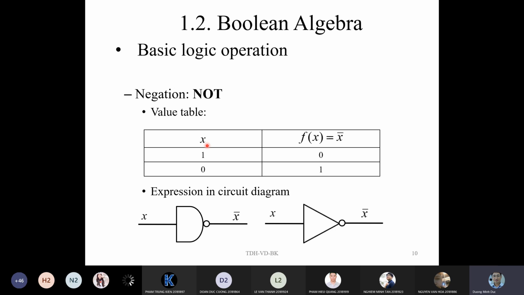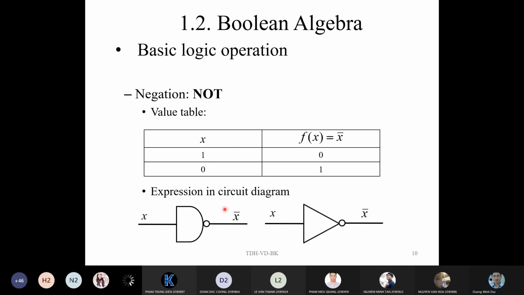The negation of x is x bar, defined as follows: if x equals 1, then negation of x is 0, and if x equals 0, then negation of x equals 1. So this is the definition of negation. Everybody already knows this. In Vietnamese we call it x đảo, or phủ định của x.